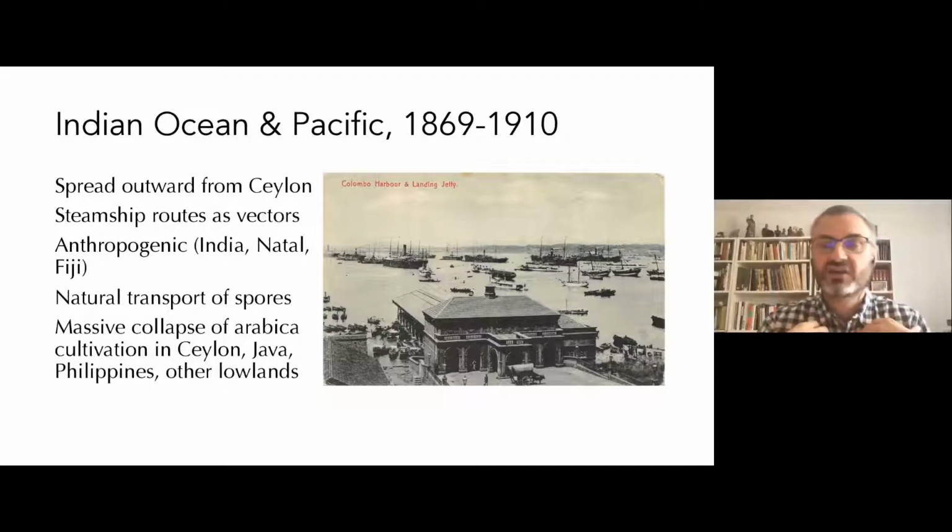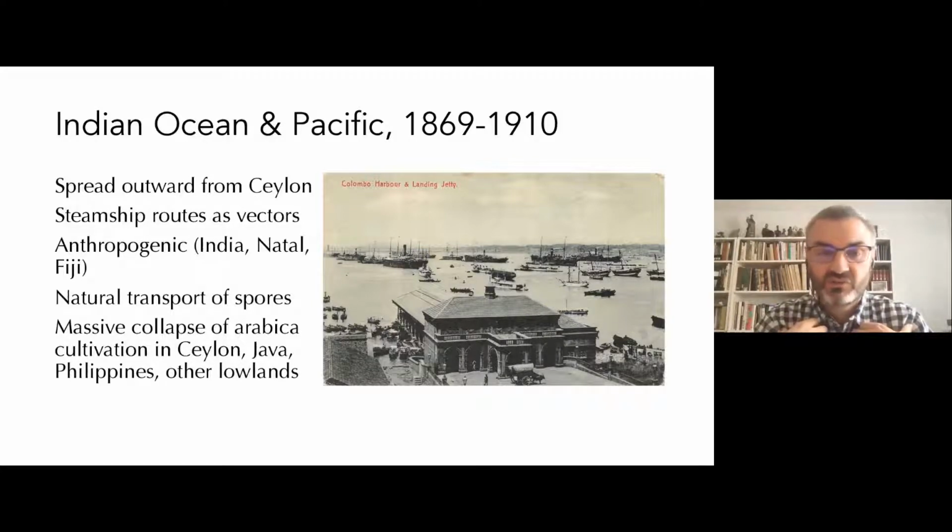You can imagine, for example, an Indian laborer who walks through a plantation, or a planter who walks through a plantation, picks up some spores on their clothes, and then perhaps goes back to their home somewhere else, or maybe decides to go work in another part of the Indian Ocean basin.